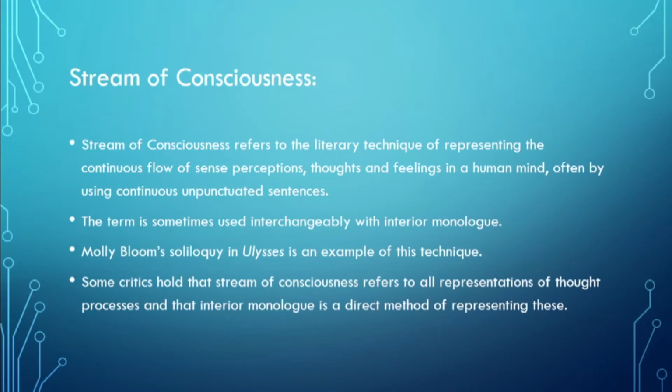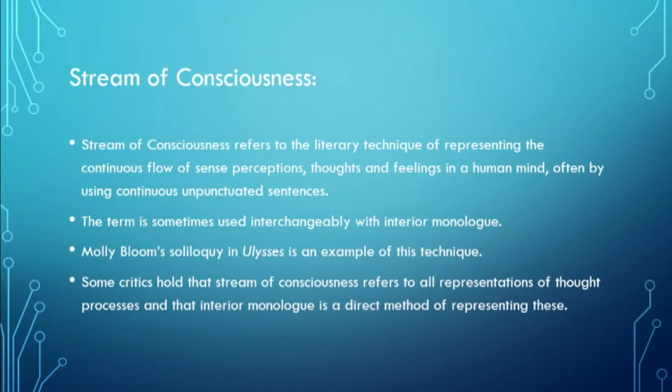First, we are going to discuss stream of consciousness, one of the literary techniques used by the modern writers. That means the 20th century. In the 20th century writings, we can trace this type of literary technique, that is stream of consciousness. And what do we mean by stream of consciousness?